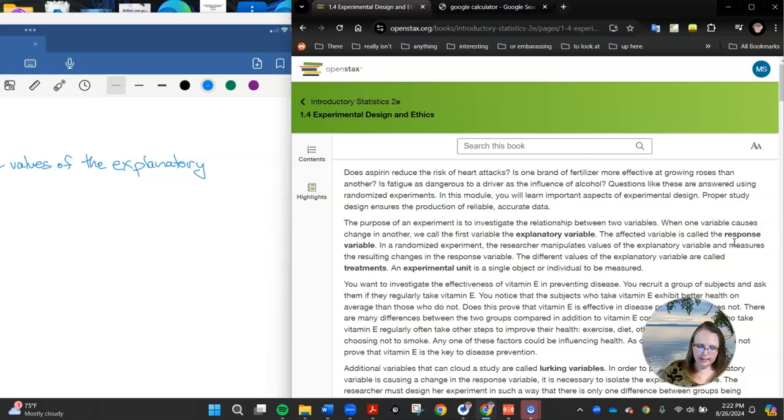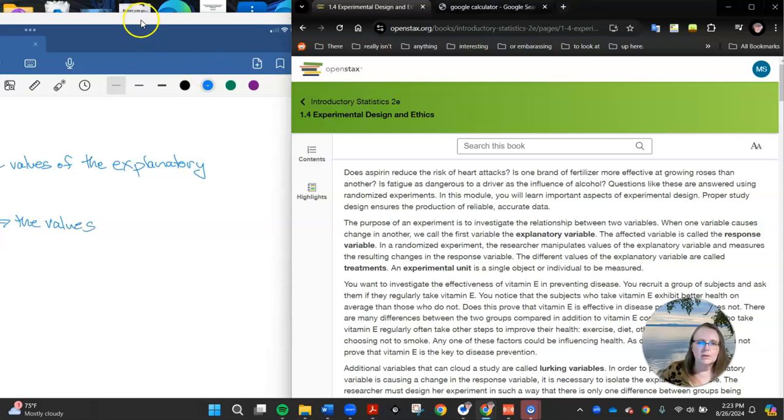So in the case of looking at that, I want to see how much test scores go down relative to how much alcohol somebody has consumed. And we might say then that the alcohol is the treatment and the experimental unit is the test score. It's the thing that the treatment impacted.